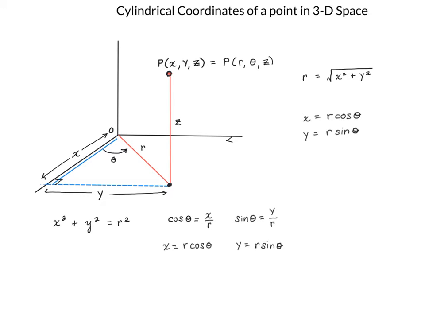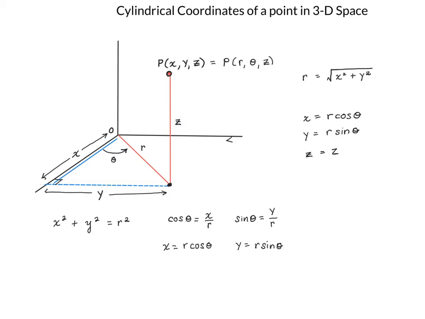Now we can see that x and y give the location of the point on the xy plane, and z tells us how high we go up. So in this case, z is simply equal to z.